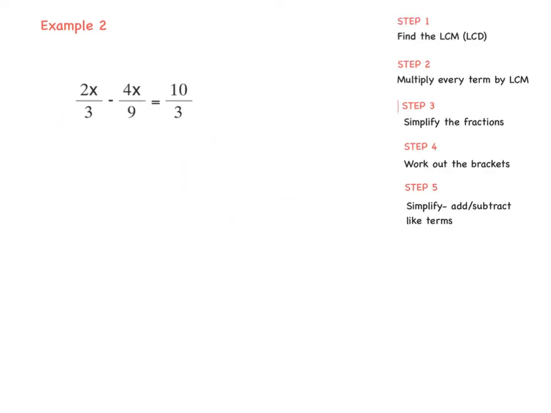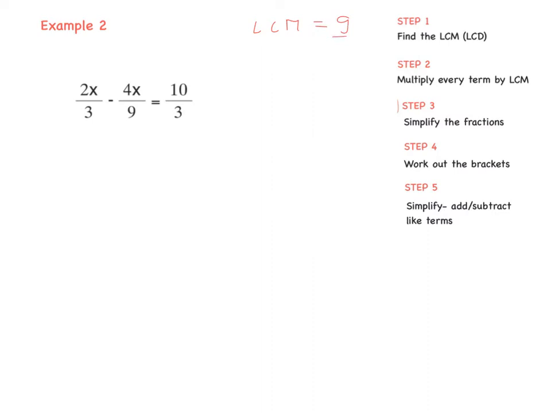Let's try example number 2. This is a bit more complicated, but we have our steps in the top right corner, and when we follow them, it will be grand. First of all, we need to find the lowest common denominator or multiple. For 3 and 9, the lowest common multiple is 9 in this case.